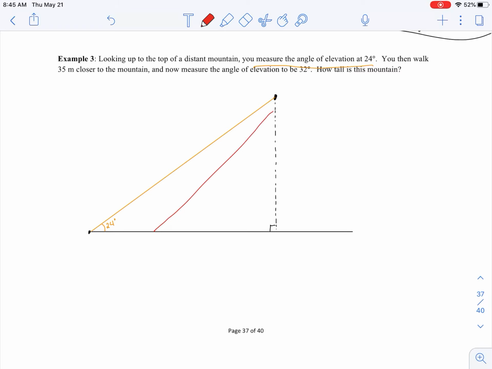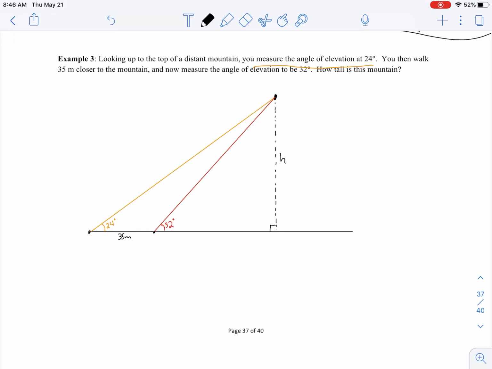Looks like my scale is a little off, but that's okay. And we measure this angle to be 32 degrees. And of course, this measurement down below from here to here is 35 meters. Now it wants to know, how tall is that mountain?